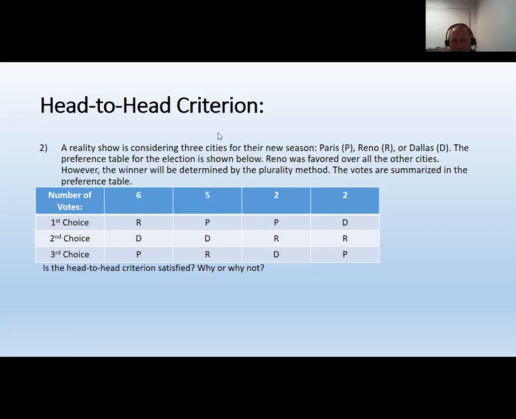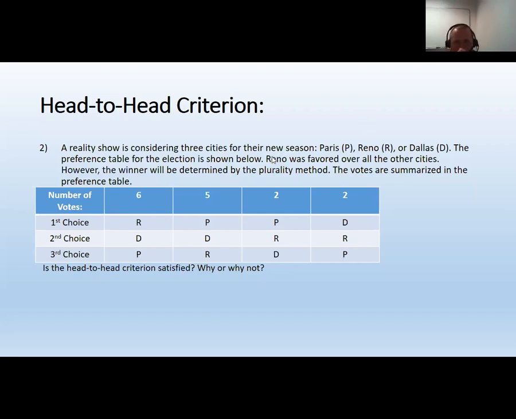Basically, in head-to-head criteria, head-to-head with other candidates, Reno was favored. What the head-to-head criterion states is that if Reno wins head-to-head over all the other candidates, then Reno should win any method that you hold an election on.